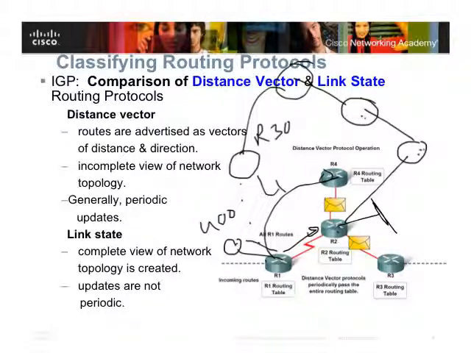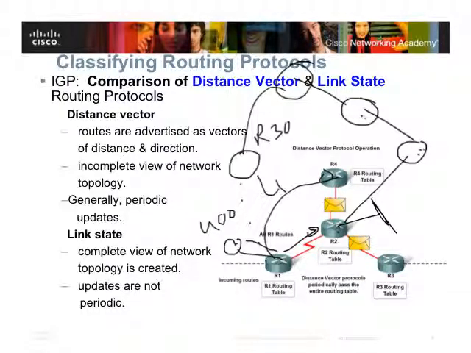Okay? So R2 will send a message about this link, a message about this link, a message about this link, and it will send them to R3. R3 will collect all these three messages. It will not accumulate anything, and will send all these messages to all the routers beyond it.